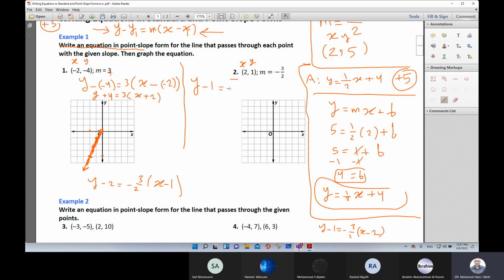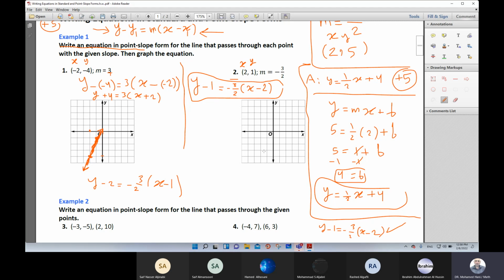Negative 3 over 2. Multiply by x minus x1, which means minus 2. So this is the equation. So the answers of Ahmed and Michelle are correct.